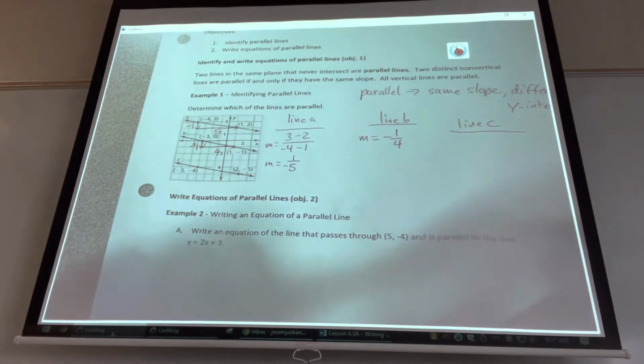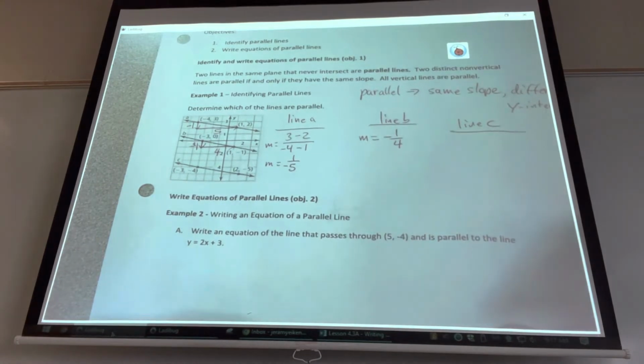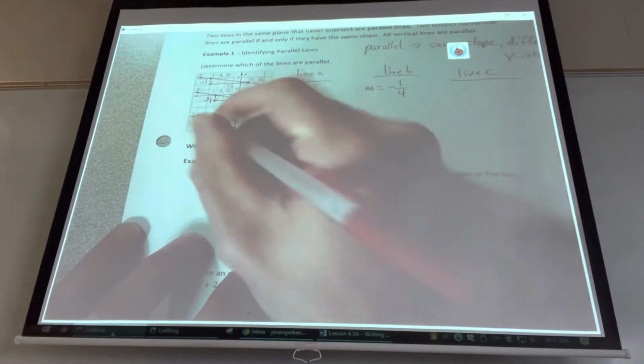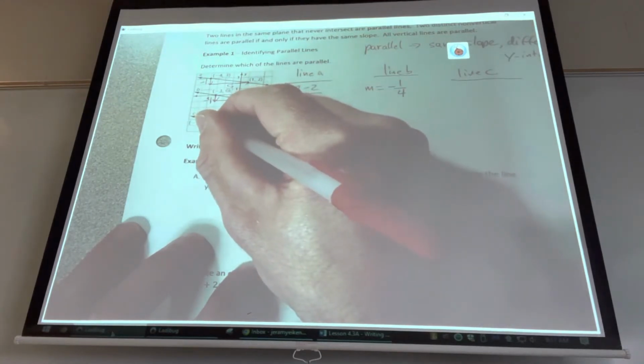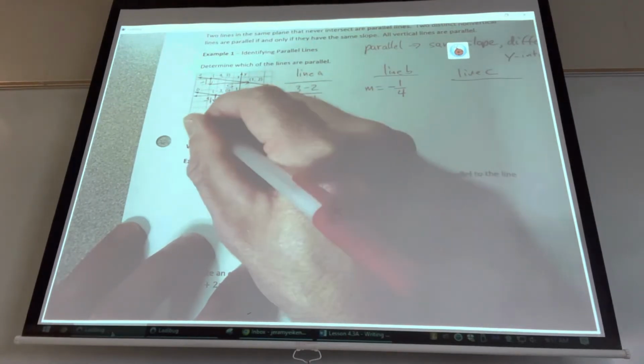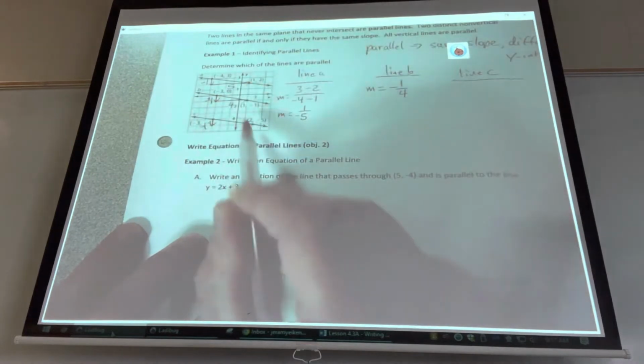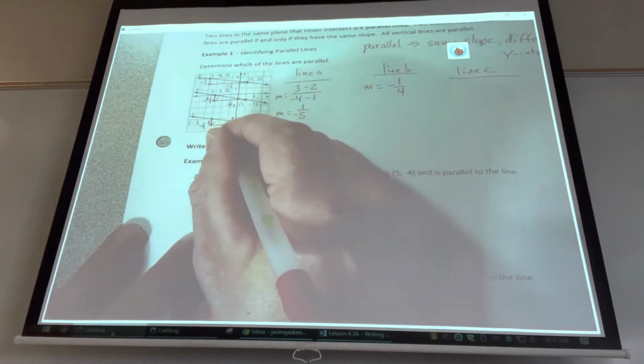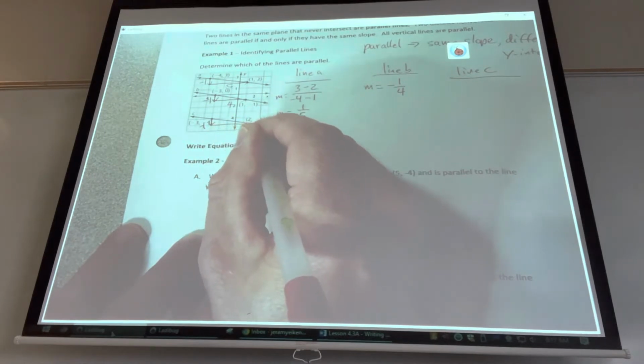Line C. To go from this point to this point, I think we're going down 1 again, aren't we? But how far over are we running? 1, 2, 3, 4, 5.